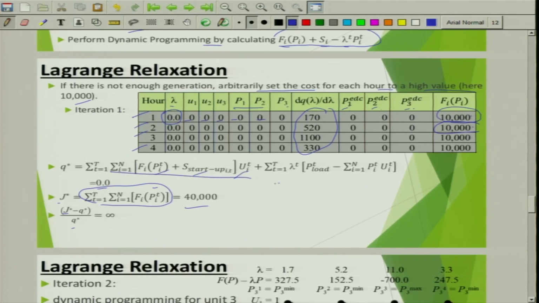So this term is 0, and here lambda is 0, because it is the first iteration. Lambda is 0, multiplied by whatever is there, it is 0. So 0 plus 0 is 0. So q star is 0, J star is 40,000. But in the denominator you have 0, so you get infinity.